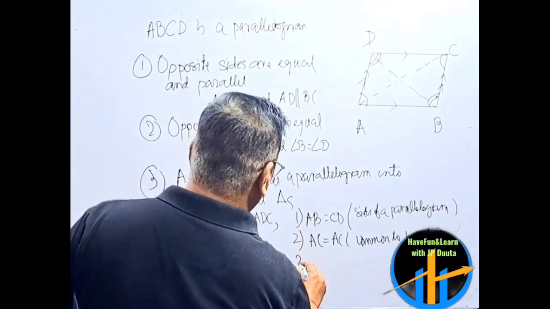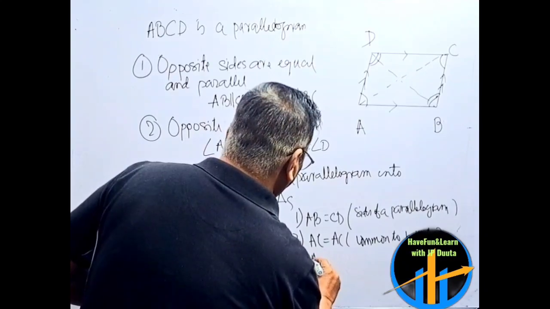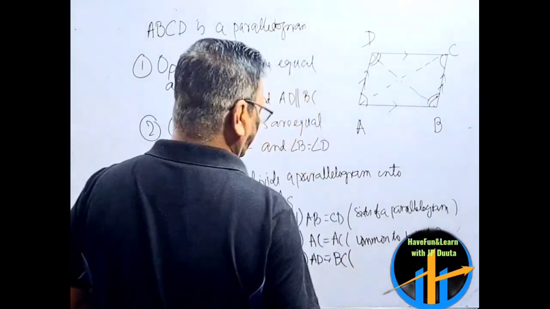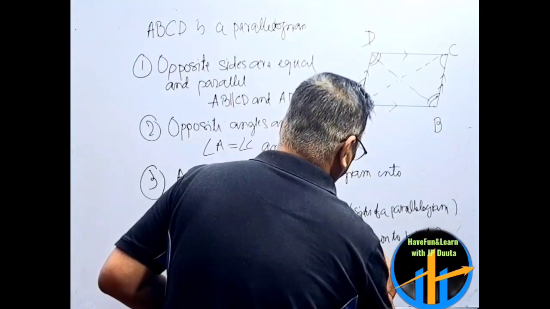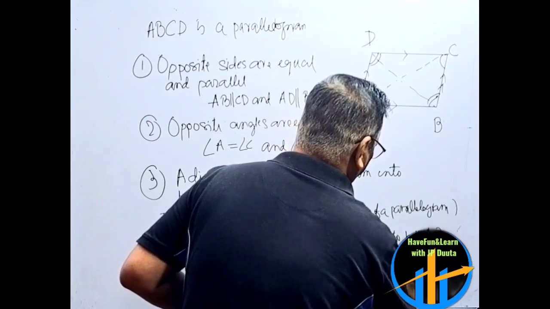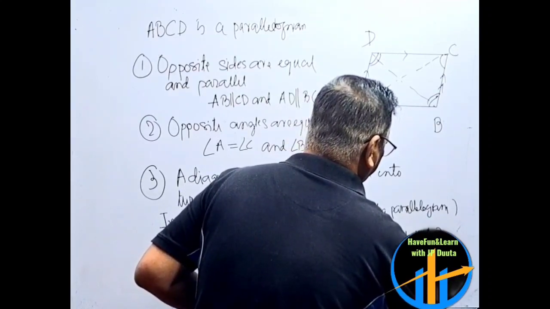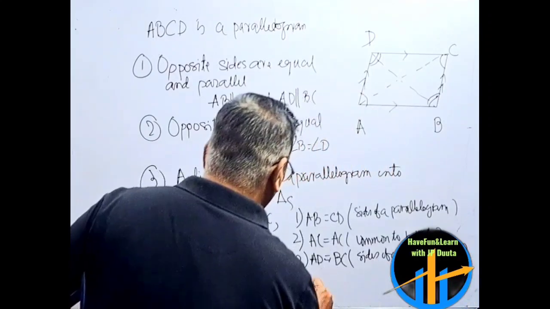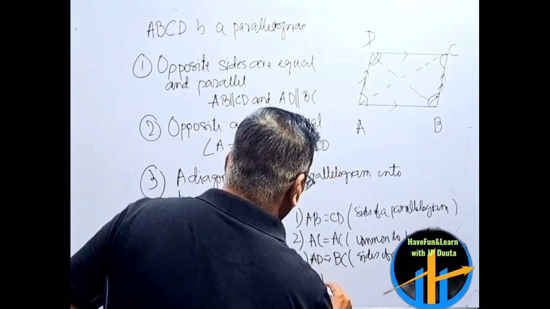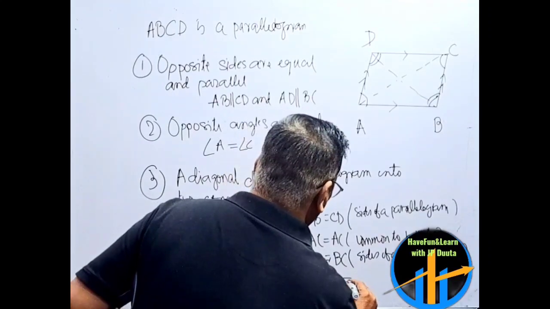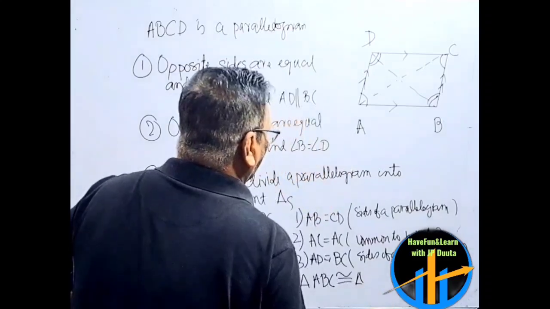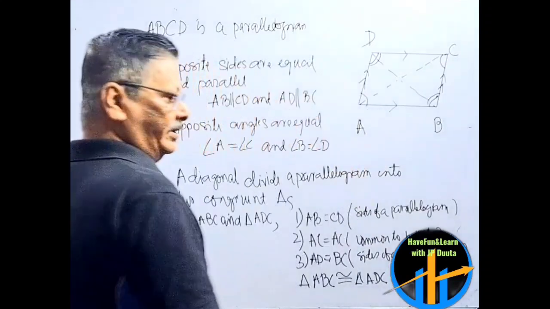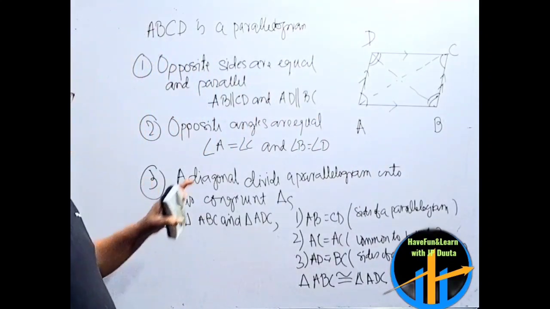And number 3 is AD is equal to BC, sides of a parallelogram. Therefore, triangle ABC is congruent to triangle ADC. Right? Pause and copy.